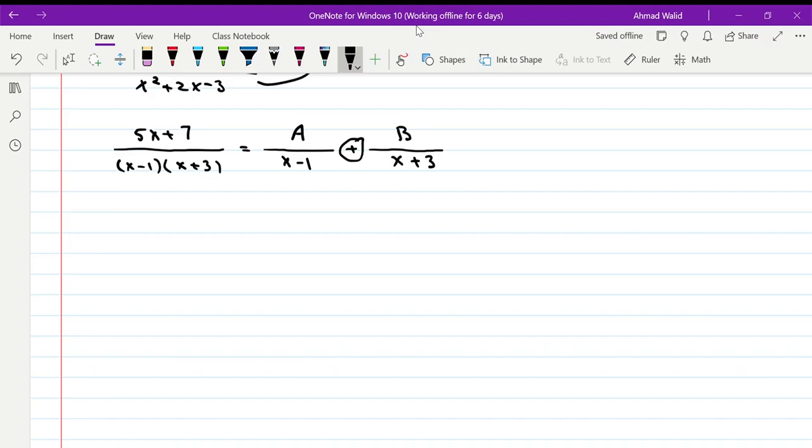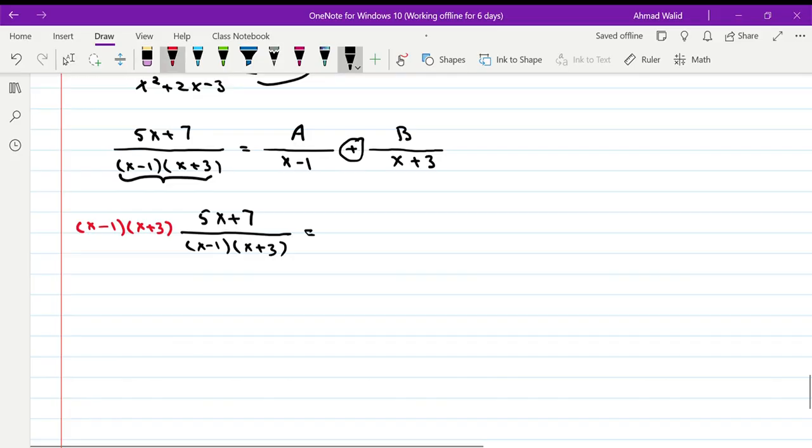Step 2, I will multiply both sides of this equation by this denominator, which is my LCD, correct? 5x plus 7 over x minus 1 times x plus 3, I will multiply this by x minus 1 times x plus 3 equals, I will multiply my first fraction, A over x minus 1, by the LCD.